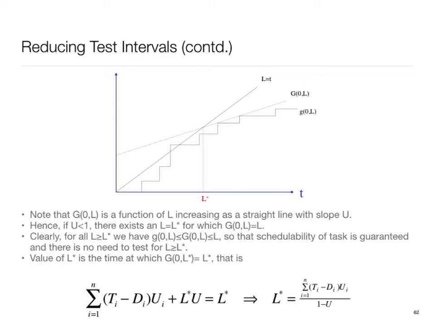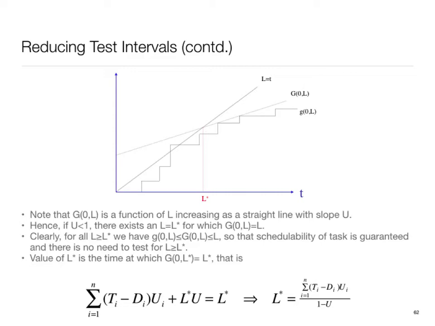If I look at the intersection of L equal to t with the uppercase G, let's call it L star, then beyond L star, big G is less than L, and we know little g is less than or equal to big G, therefore little g is going to be less than L. So beyond L star, the processor demand constraint is going to be met.